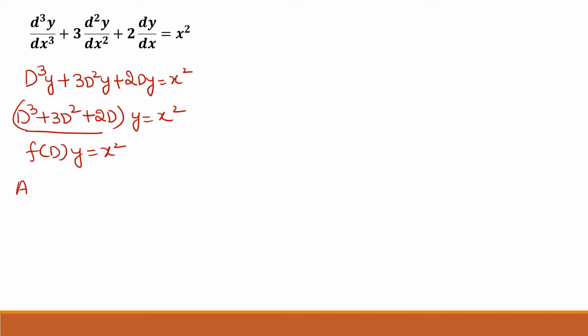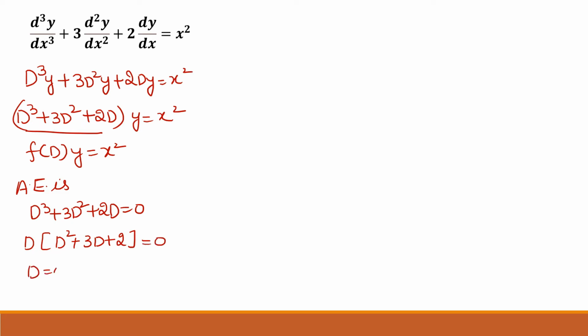Next is the auxiliary equation. What is my auxiliary equation? That is D cube plus 3D square plus 2D equals 0. From here, what will be the values of D? If I factorize this, it will be D into (D square plus 3D plus 2) equals 0. So your roots will be 0, minus 1 and minus 2.